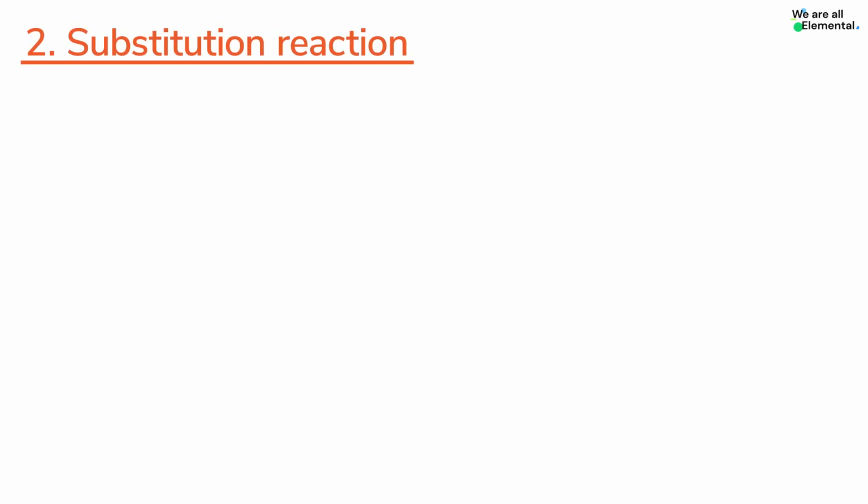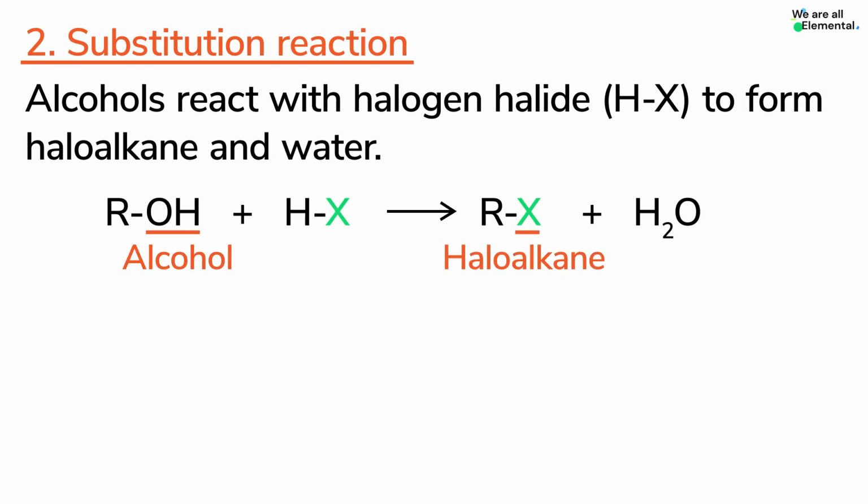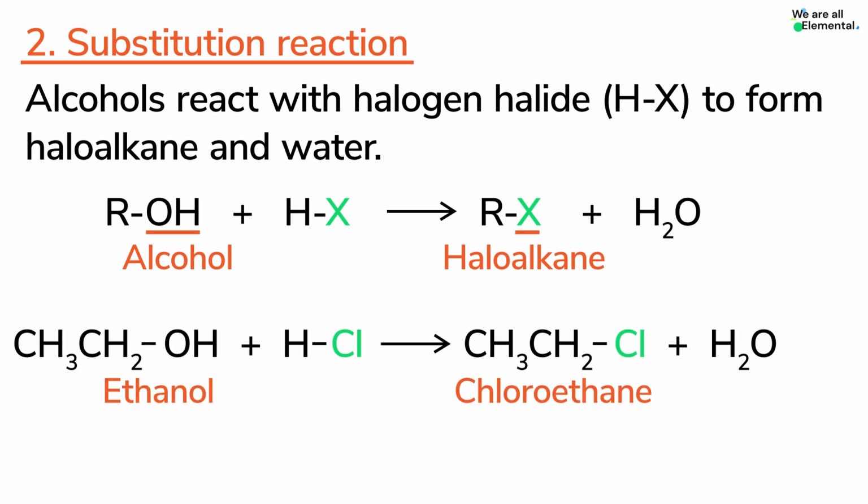Then we have substitution reactions where alcohols react with hydrogen halides to form haloalkanes and water. For example, ethanol reacts with hydrogen chloride to give chloroethane, and the OH of the ethanol is substituted by a chloro group.